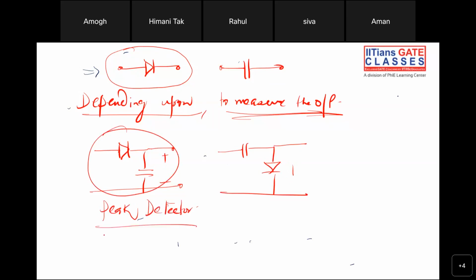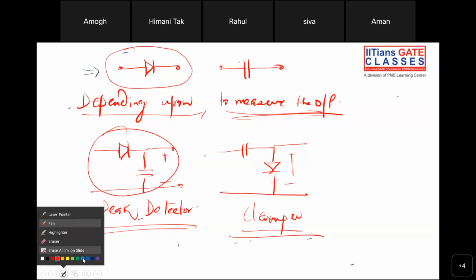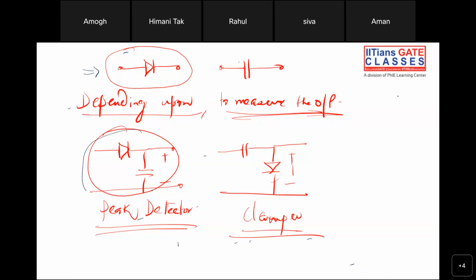And in the question you will be able to see if they are asking for output across this diode, then this circuit will be named a clamper circuit. So if a question is given, you start analyzing.